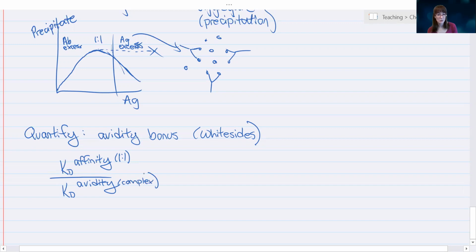And the ratio of these, it's sometimes called beta, and that is your bonus.